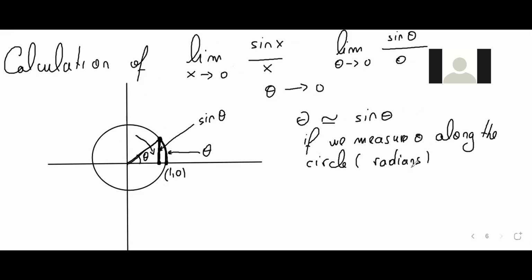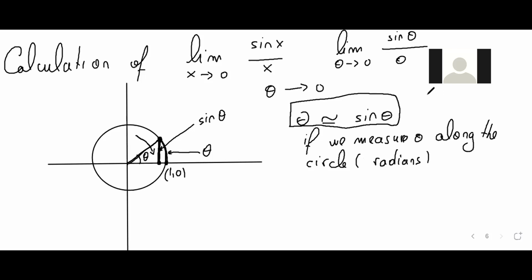If you don't measure along the circle, and you measure in degrees, then this angle theta will not be the measure. Remember, the arc length is pi times the length in degrees. So these two numbers will not be approximately equal if theta is measured in degrees.